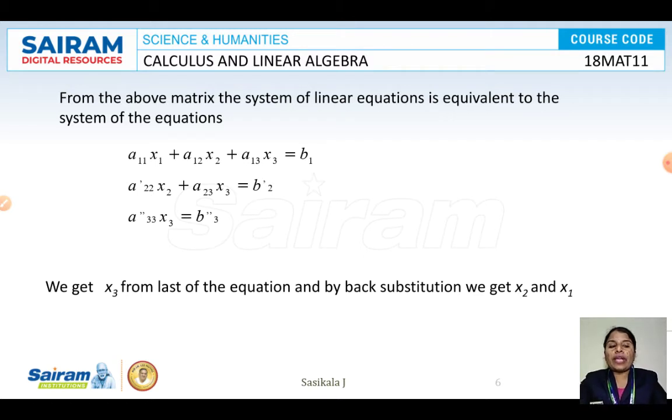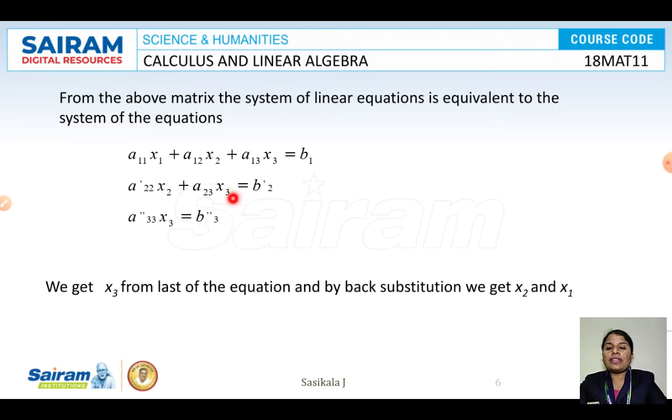So a11x1 plus a12x2 plus a13x3 equal to b1. Then a22 dash x2 plus a23 dash x3 is equal to b2 dash. And then a33 double dash x3 equal to b3 double dash. From the last equation I can get my x3 answer, right? x3 is equal to a numerical value, so I can simplify to get x3.